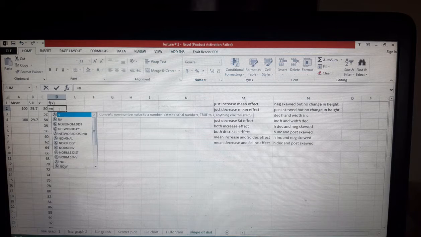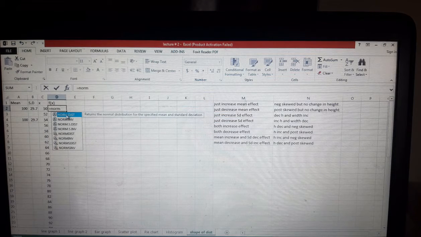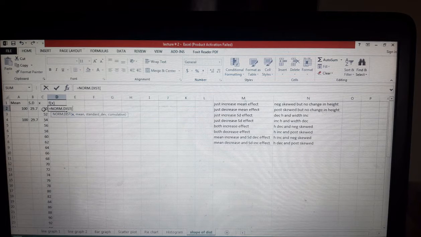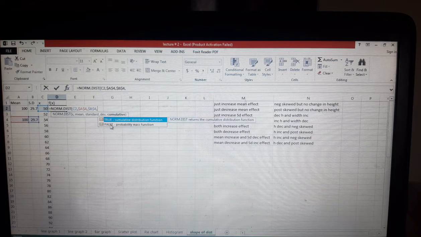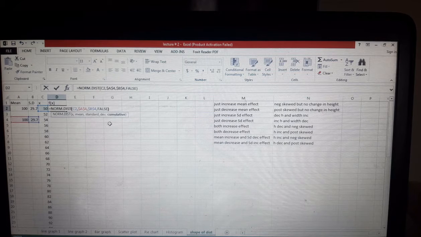Equals normdist, insert first value of x, comma, then insert the value of mean and fix this value by pressing F4 key, comma, then insert value of the standard deviation and fix it also by pressing F4 key, comma, then put false, close parenthesis, enter.